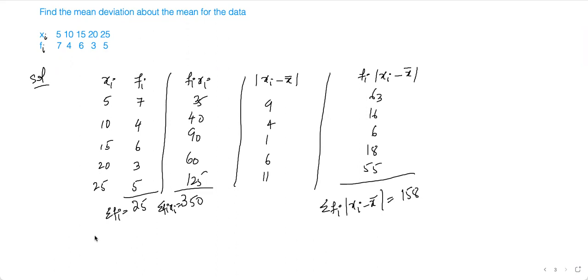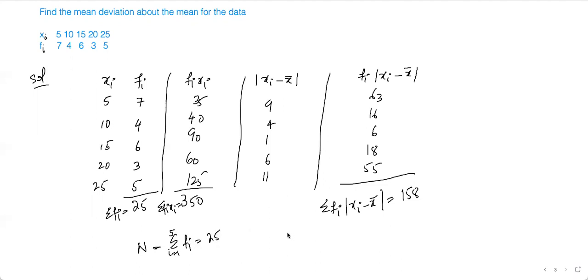Now that we got all the results here, n is the summation of i equals 1 to 5 of fi, which is 25.